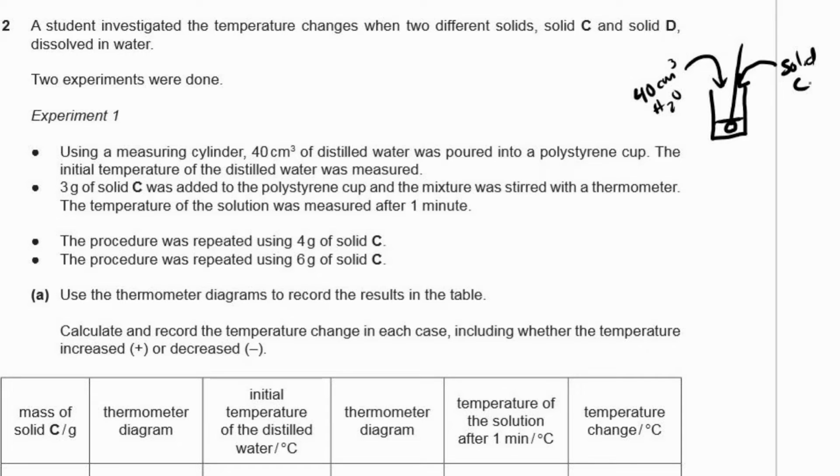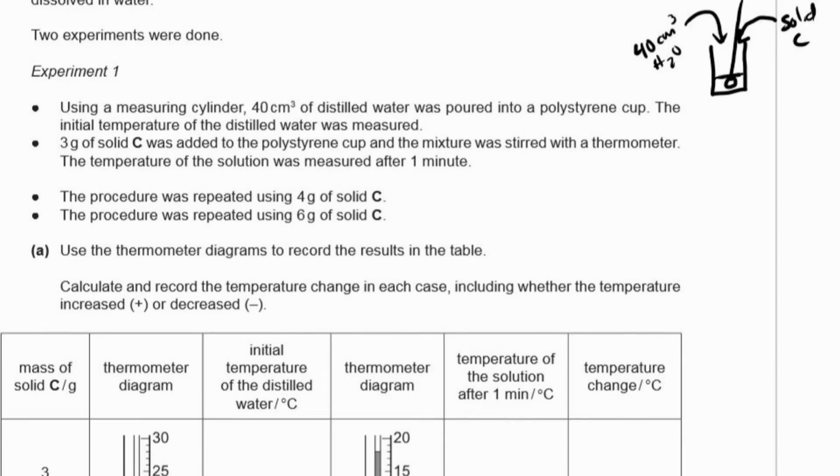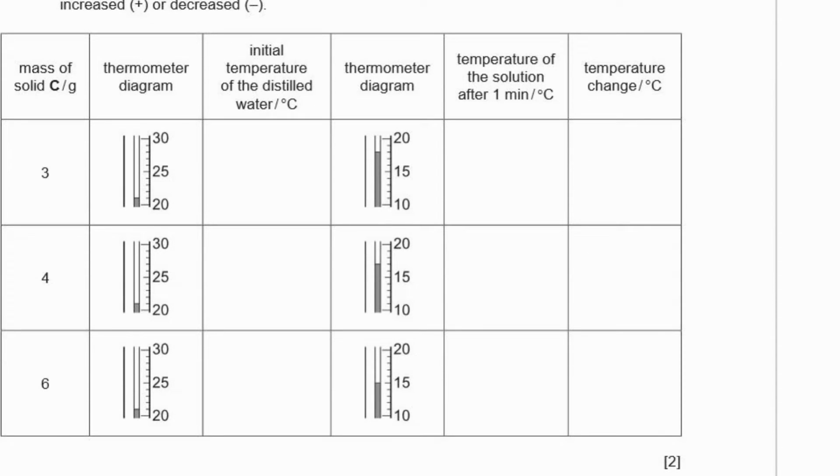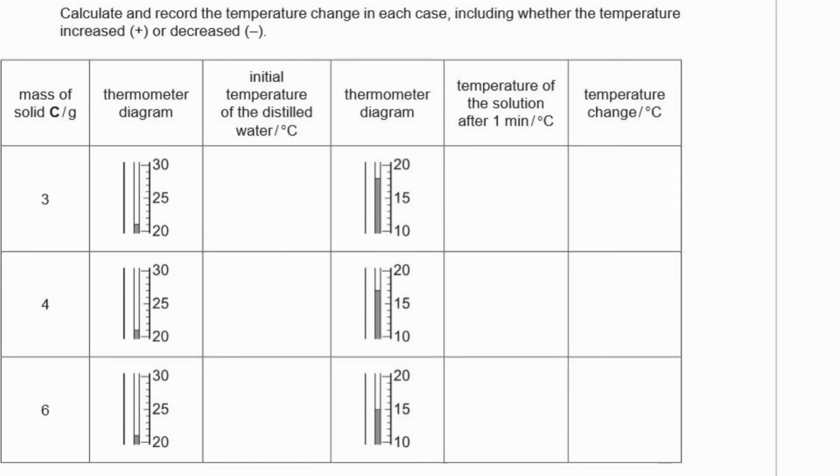The temperature of the solution was measured after 1 minute. Okay, and the procedure was repeated using 4 grams of solid C and 6 grams of solid C. A. Use the thermometer diagrams to record the results in the table. Okay, so down below here, we have a bunch of thermometers. All right. And this is an important part.